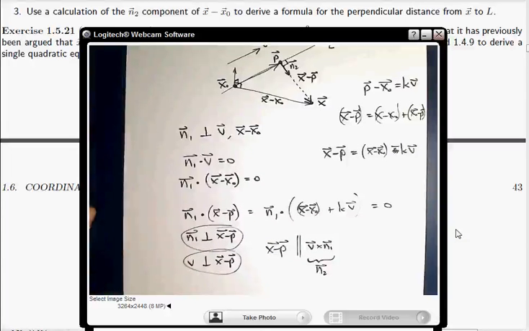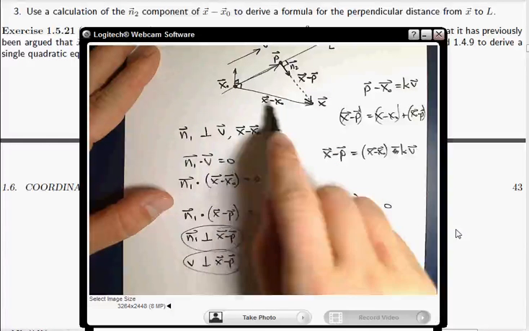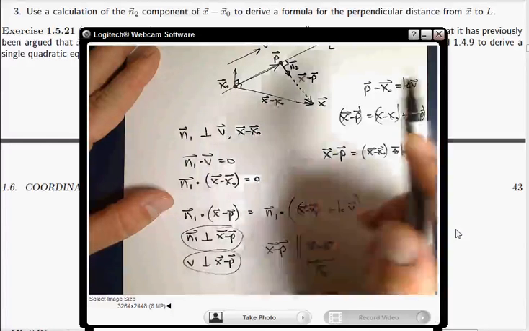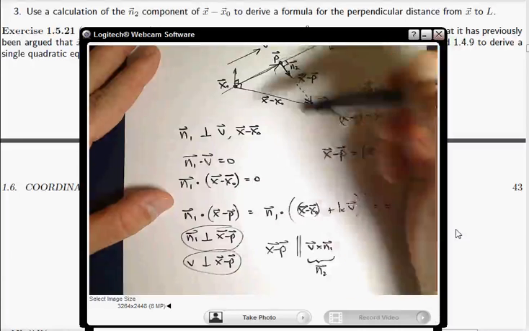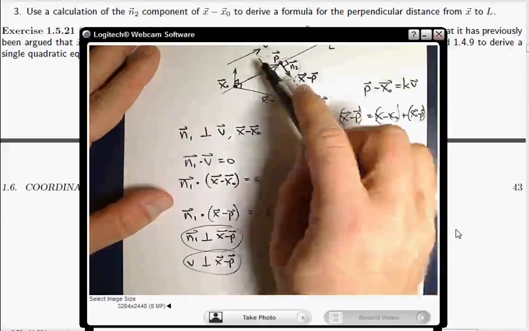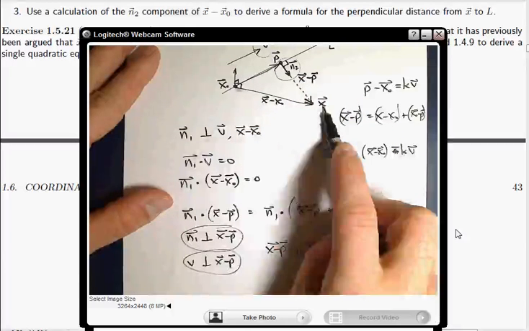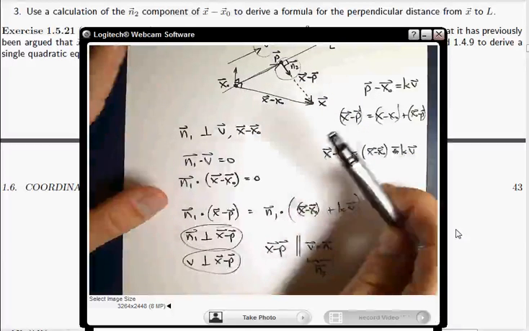So we're going to use a calculation of the n2 component of x minus x naught. This is kind of the neat idea here. What is x minus x naught? Well, it has a component in the n2 direction, and it also has a component in the v direction, but these are perpendicular. This vector is in the plane that everything's happening inside of.